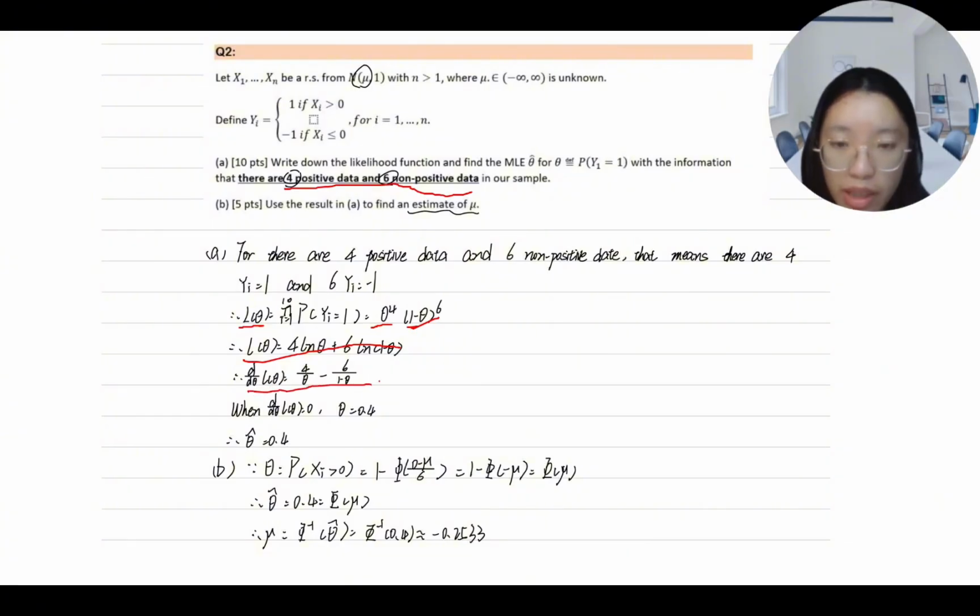Then when x is equal to 0, we can calculate that theta is equal to 0.4, and then we know that theta bar is equal to 0.4. And then question B is to find an estimate of mu.